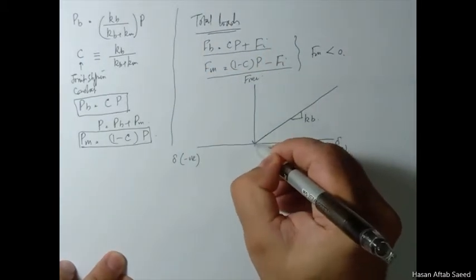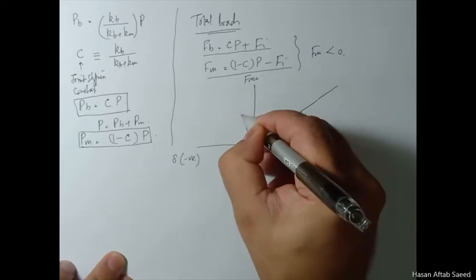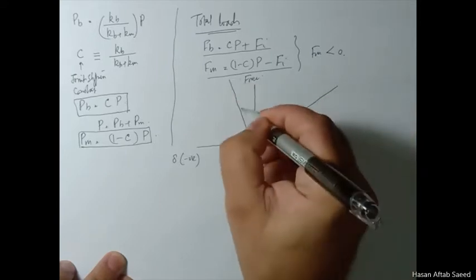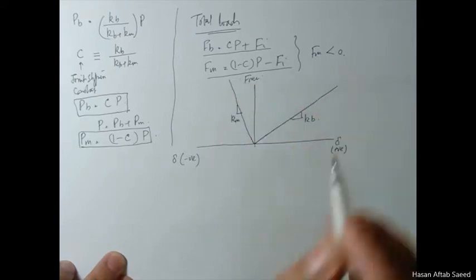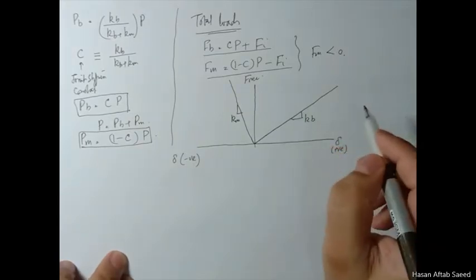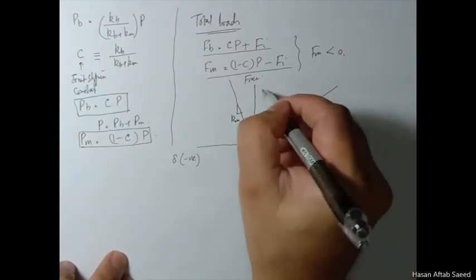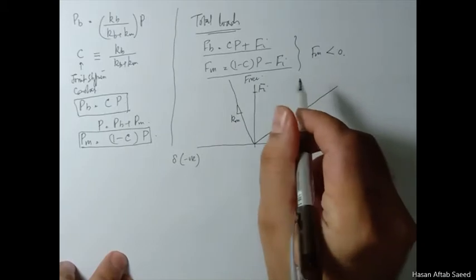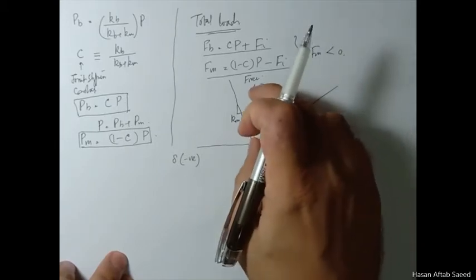So I'm going to draw this member stiffness line much steeper than the stiffness line for the bolt. Now, when you apply preload, Fi, this much preload is there, let's suppose.